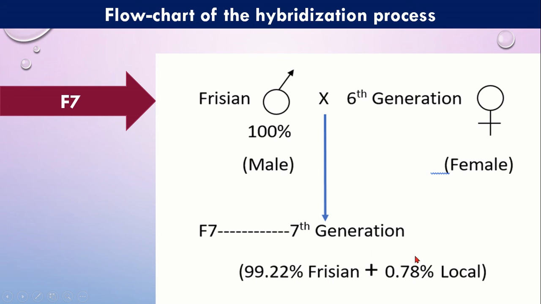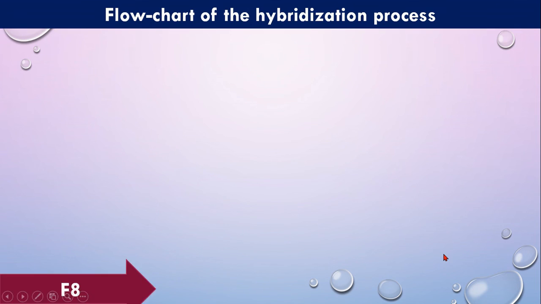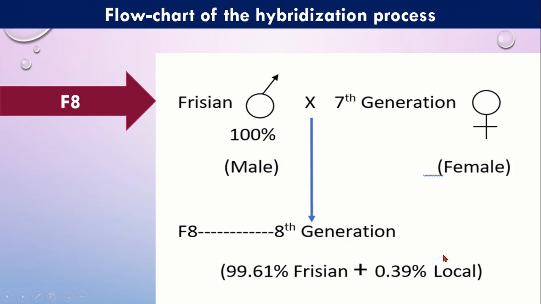So altogether 100%. And at last, this is the last step, where you can see the 8th generation will be 99.61% Friesian plus 0.39% local. That means here you can find all maximum characteristics will be Friesian, that means improved variety.